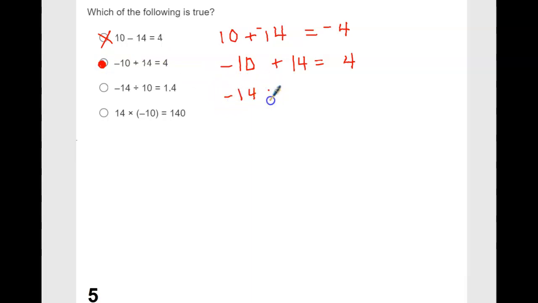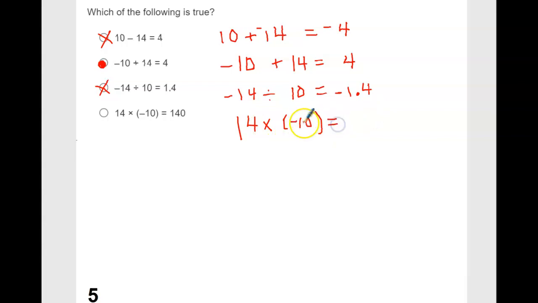Negative 14 divided by 10 equals negative 1.4, because when you divide by tens, you can just move a decimal over, which gives you 1.4. But because the signs are different, I get a negative number. So that's not right because the answer here is positive. Last one, 14 times negative 10.